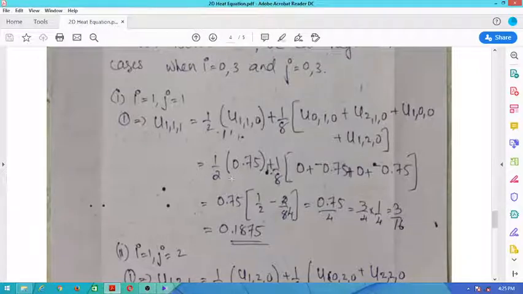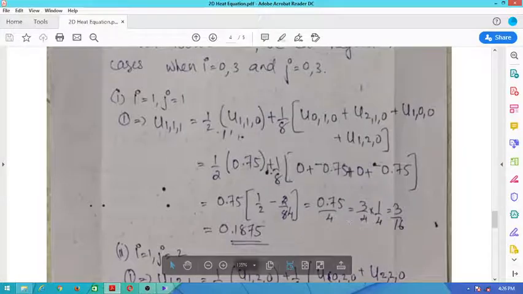It is equal to half times 0.75. These values in the 0th level have been tabulated above. Using the corresponding values we get half times 0.75 plus 1 by 8 times 0 plus minus 0.75 plus 0 plus minus 0.75. The answer is 3 by 16 or it is 0.1875.